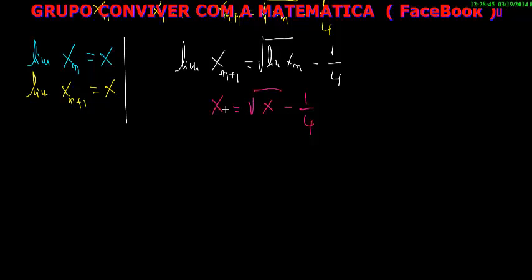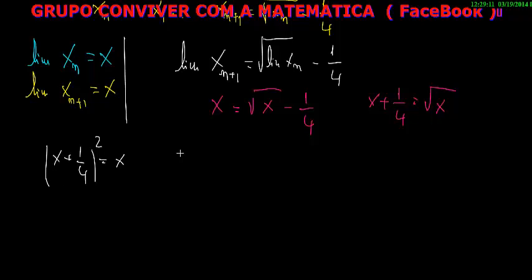It is very simple to understand that I will have x plus 1 over 4 equals the square root of x. And now I'm going to square. So x plus 1 over 4 squared equals x. Now I'm going to develop this expression.